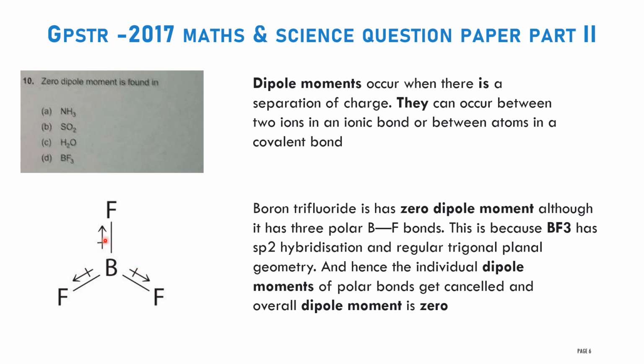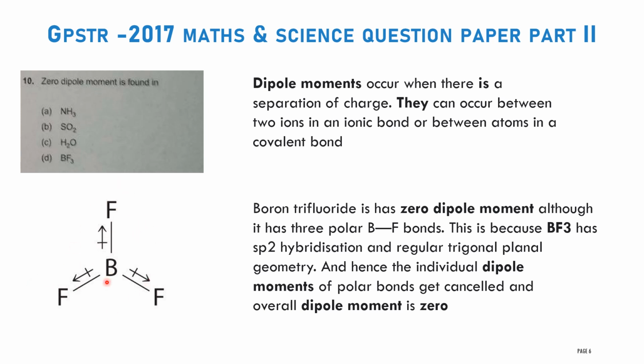The angle between the bonds is 120 degrees, here also 120, 120, 120, and here is the regular triangular planar geometry. The shape of the molecule is triangular.